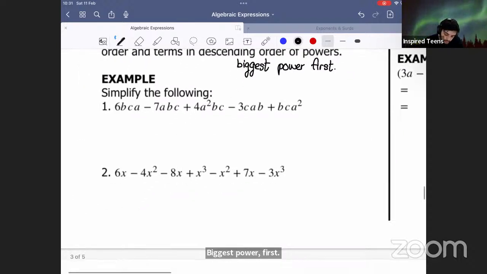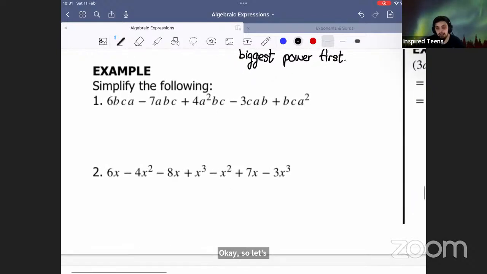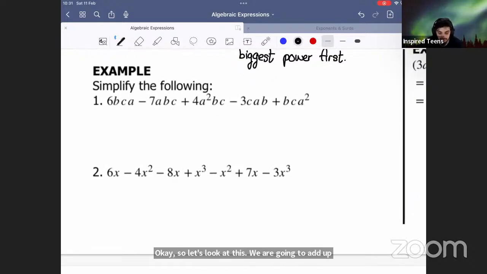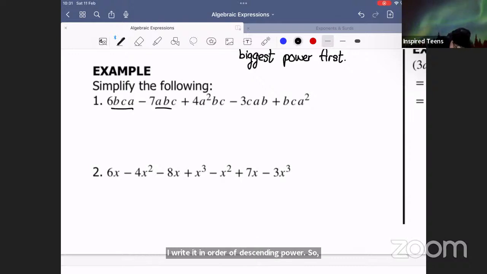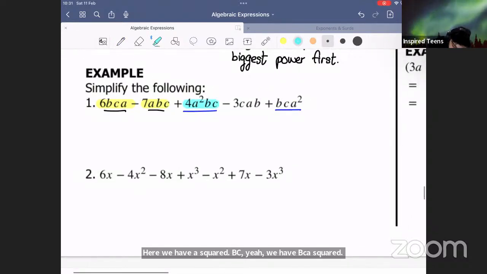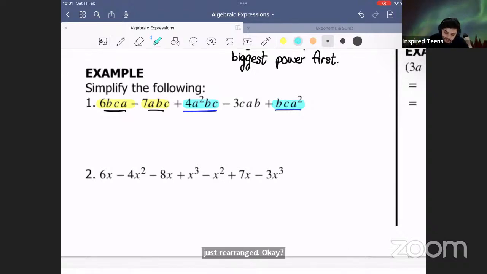Okay, so let's look at this. We are going to add up our like terms and write it in order of descending power. Here we have BCA, here we have ABC. These are like terms. They have the same variable. Here we have A squared BC. Here we have BCA squared. These are like terms. They have the same variable. They're just rearranged, and in multiplication it doesn't matter.